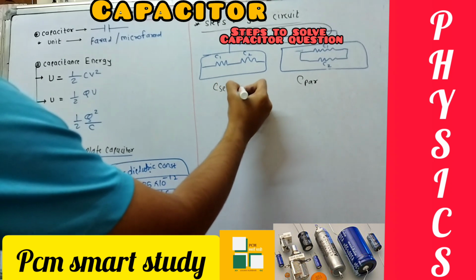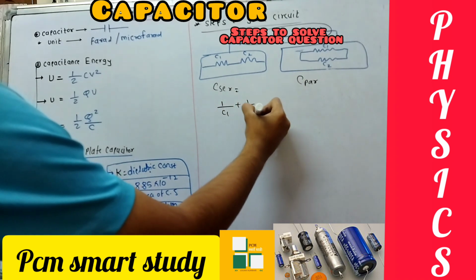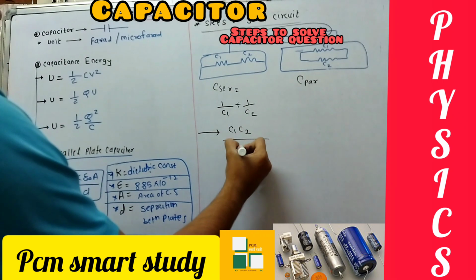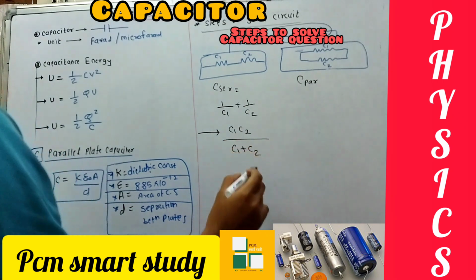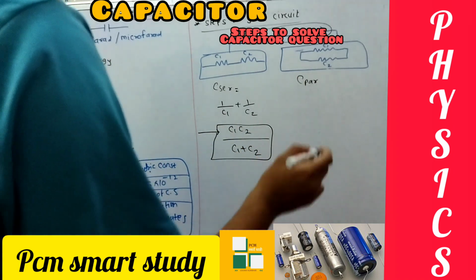For series, the formula is 1 by C equals 1 by C1 plus 1 by C2, also written as C1 C2 by C1 plus C2. For parallel, the formula is C1 plus C2.